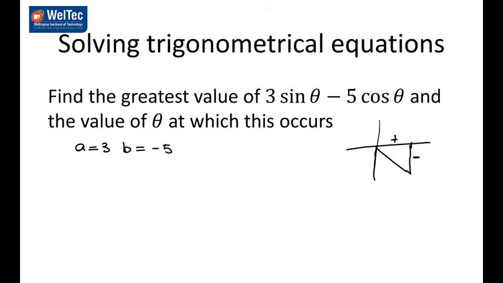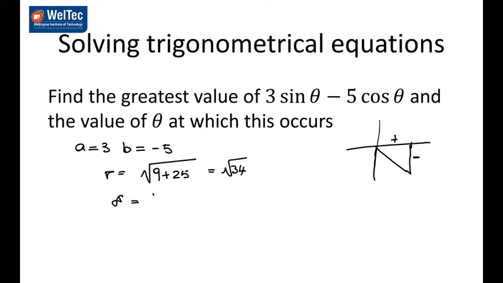That allows us to find the hypotenuse. Okay, leave your hypotenuse as the square root of 9 plus 25, because then it's accurate. It's the square root of 34. Now we need to find alpha.